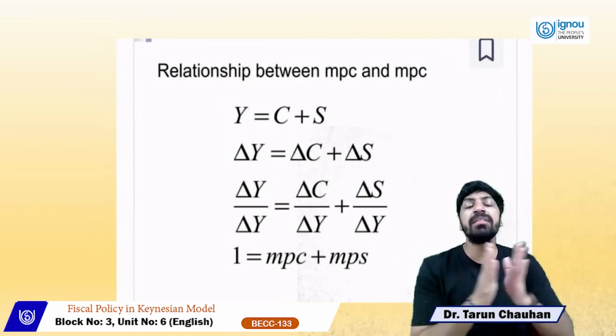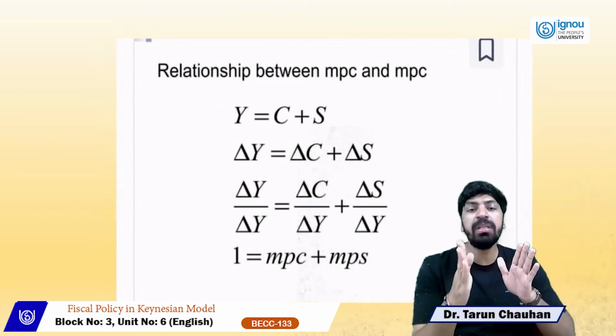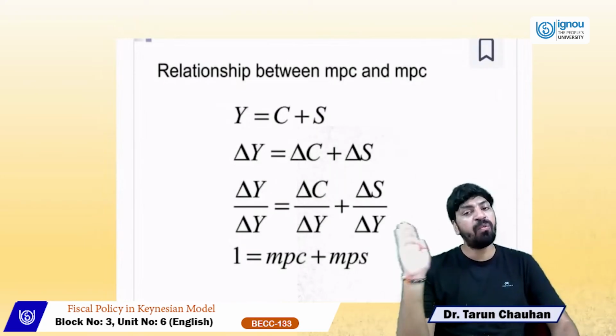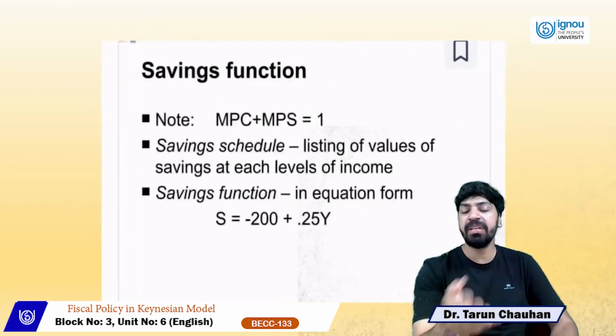The formula for the saving function is S is equal to S-bar plus MPS Y, and the same procedure has been followed here.